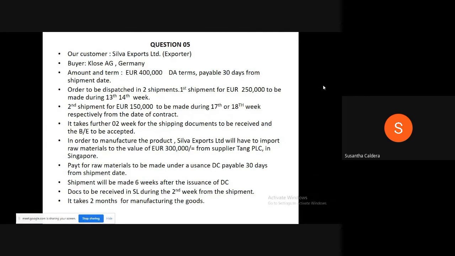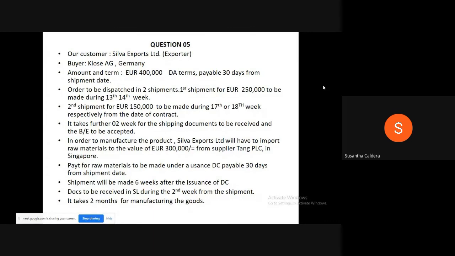So 13 to 14 plus 2 weeks. Plus 13 to 14th week plus the first export.